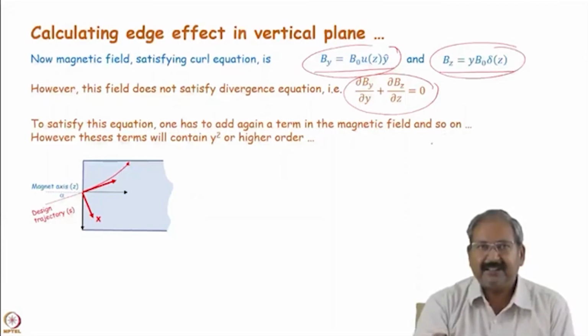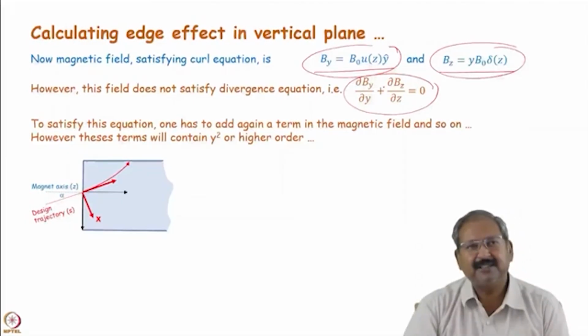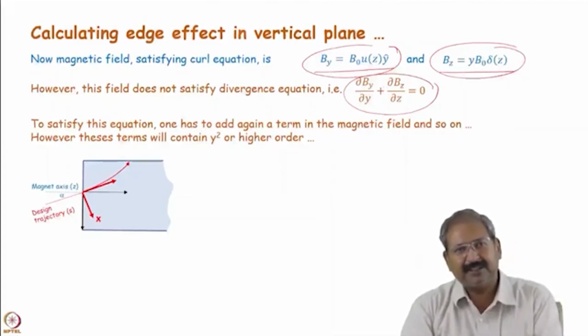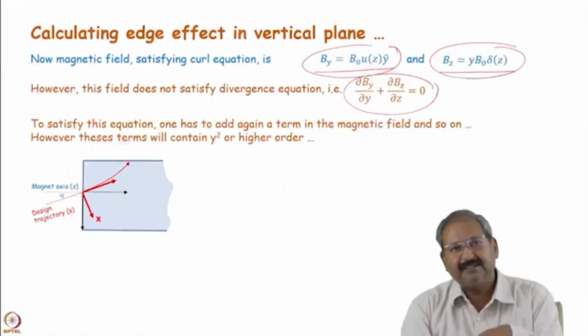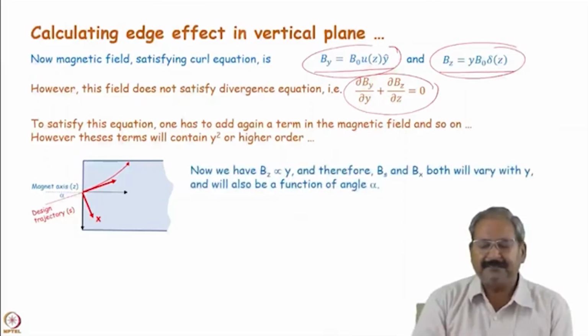When we add some magnetic field term to satisfy the divergence equation, we will see again that the curl equation is not satisfied. Then we will have to introduce one correction term for the curl equation. Again the divergence equation will not be satisfied. So we have to again insert some term which will satisfy Maxwell's divergence equation, and in this fashion an infinite series will be there.